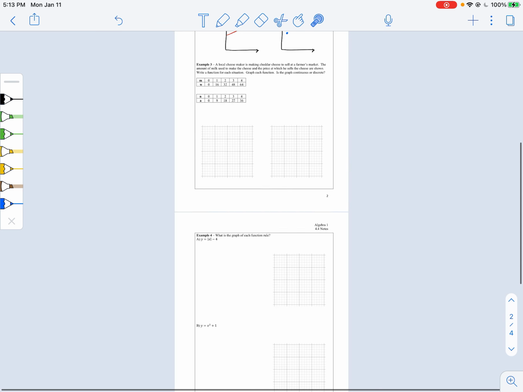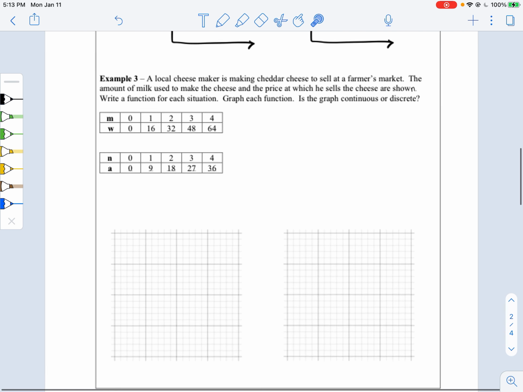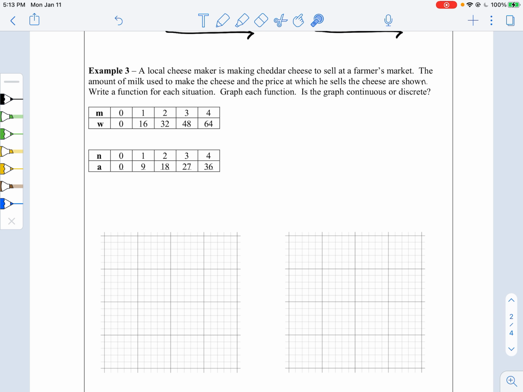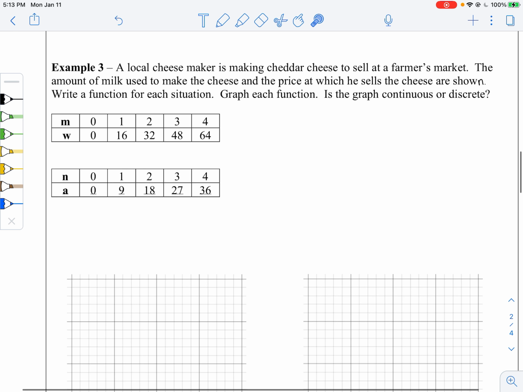Okay, I'm going to show you an example of a situation that has a discrete situation and a continuous situation. So here we're making cheese. We're going to sell it at the farmer's market. The amount of milk used to make the cheese is shown, and the price, for the number of cheeses shown, and the amount that you buy it for is there.